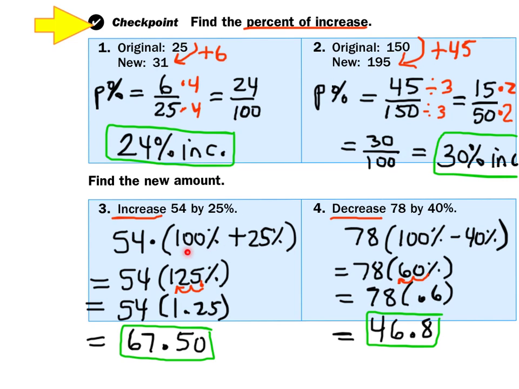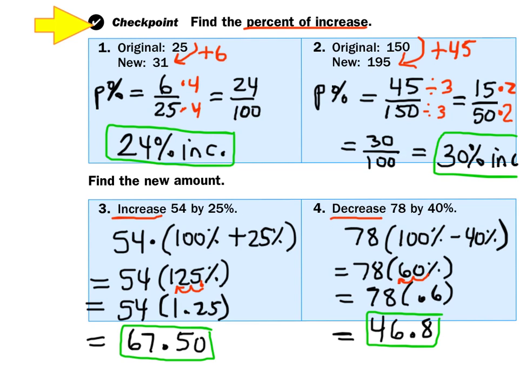So I add the percentages. So I have 54 times 125%. I have to make the percent a decimal, so I grab the decimal point and move it back 2 spots. So 54 times 1.25 gives me 67.5. Or if you had to write it like money, $67.50.